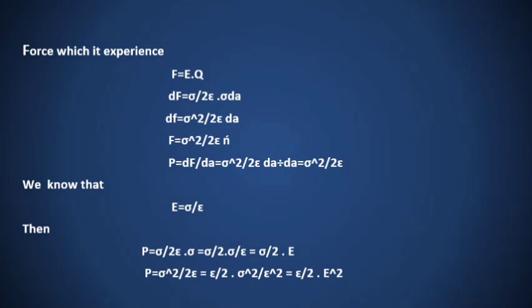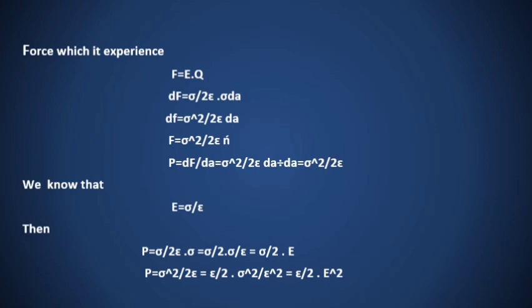As we consider the conductor in an electric field, the force experienced by the conductor is given by F equals QE. Taking the derivative of this force, dF equals, putting in the value of E as sigma over 2 epsilon, and the value of Q as sigma dA.